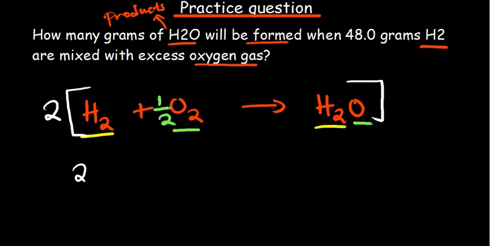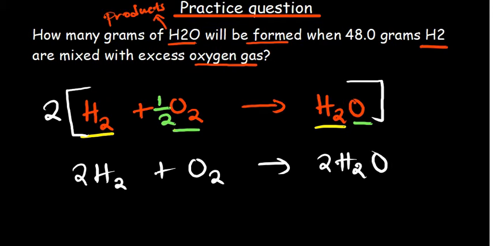So we have 2 H2 plus O2 giving us 2 H2O. At this point, if you compare, we have 4 hydrogen atoms and 4 hydrogen atoms, and we have two oxygen atoms and two oxygen atoms. The 2 multiplies everything after it, both the H2 and the oxygen, giving us 4 hydrogen atoms and 2 oxygen atoms.